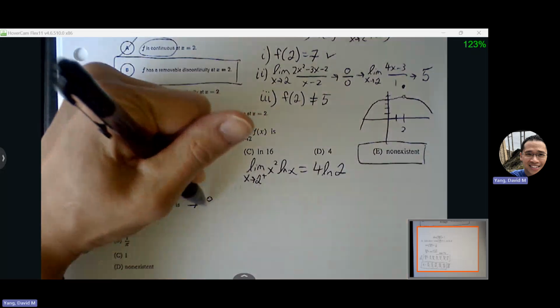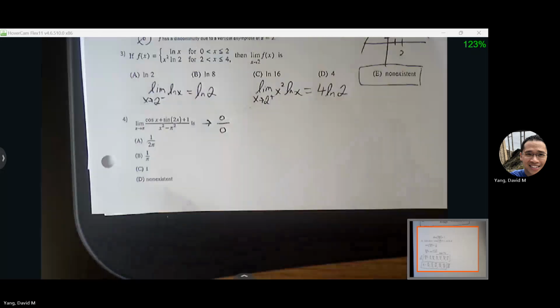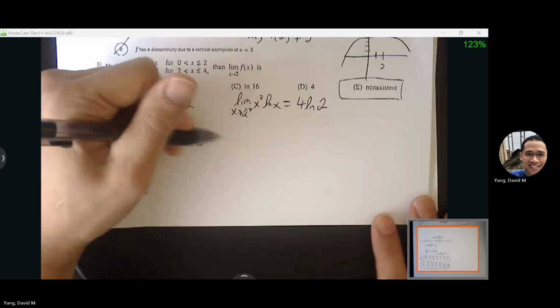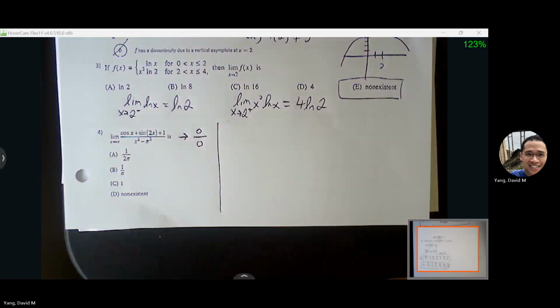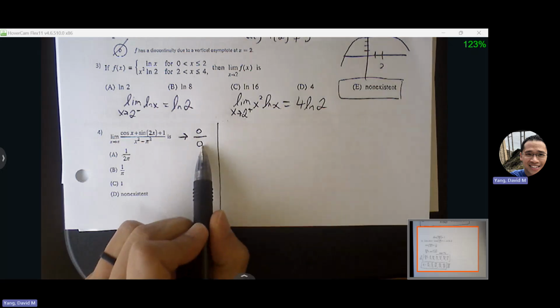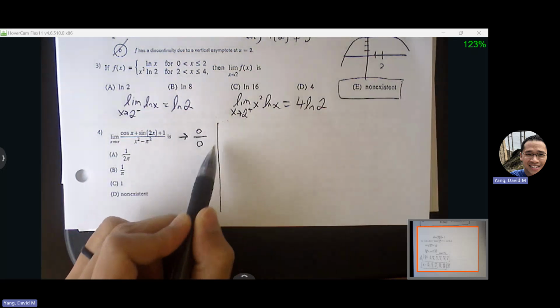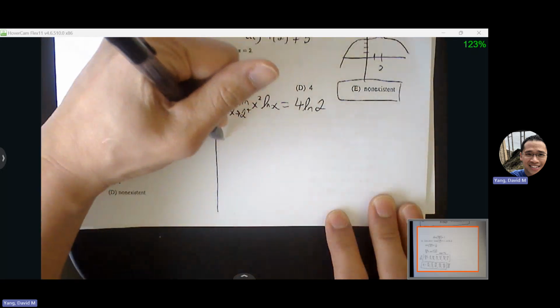So we do get 0 over 0. That tells us that there's a hole in the graph. The limit does exist. We just have to go a little further. So this fulfills the condition for L'Hopital's rule. We can apply L'Hopital's rule here.